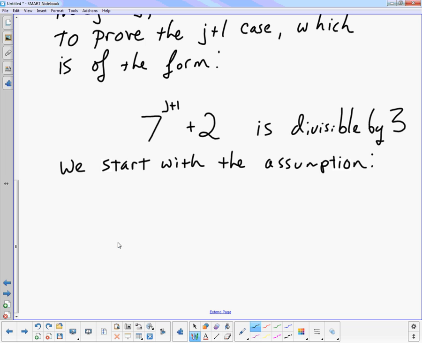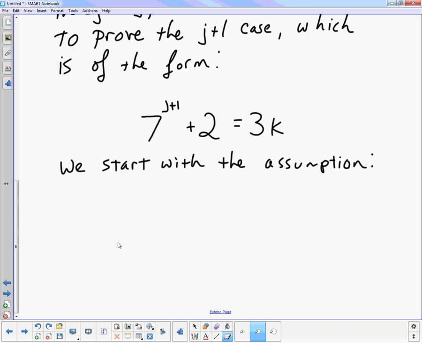So we could. All right. If it's divisible by 3, I might as well talk about divisibility. For some integer k. Because that's what it's saying. I don't care what k is. All I know is that it's some number that's an integer.